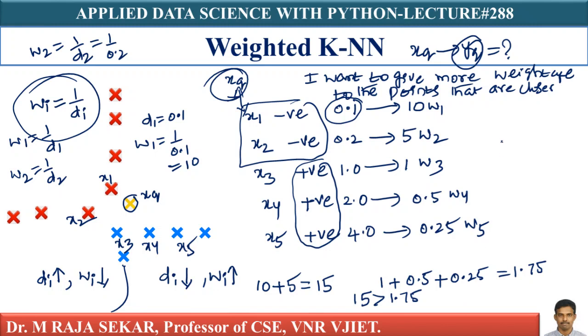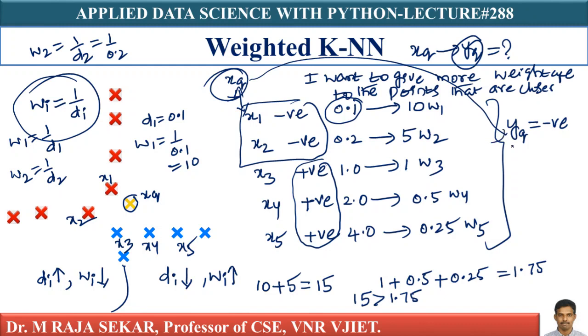Therefore, I can conclude that YQ is negative. What is the reason? The reason is simple and straightforward. Negative points' weight is 15, which has got more weight. Therefore, I can assign the corresponding label to XQ. Our YQ must be negative.